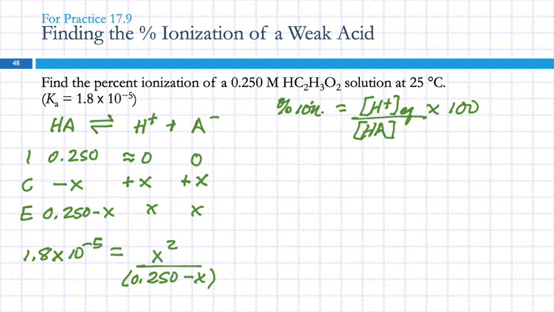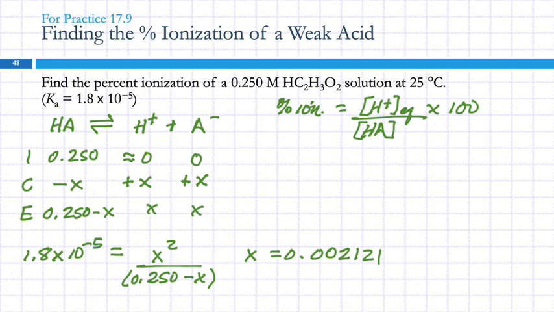If we use X as small, let's see what we get. 0.002121. And I'm going to check that. Divide by 0.25 times 100. That's 0.8%.